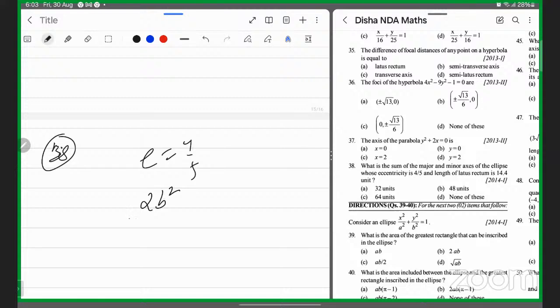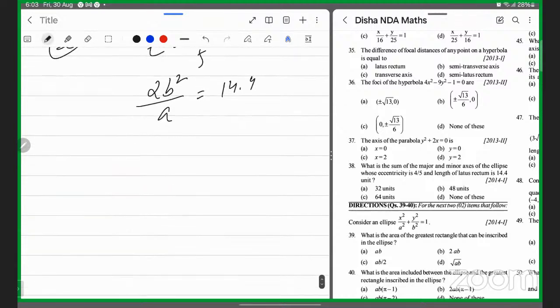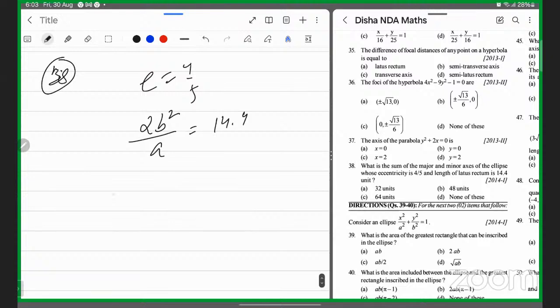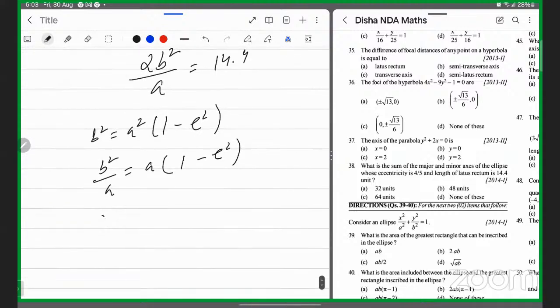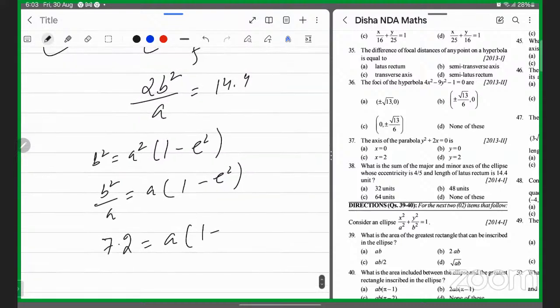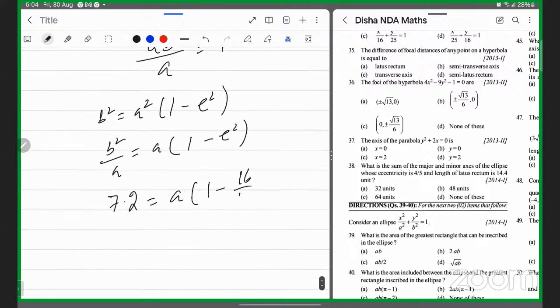Length of latus rectum is 2b square upon a is equal to 14.4. So I have to find a. b square is a square times 1 minus e square, so b square by a is a times 1 minus e square, which is 7.2. And e square is 16 by 25.